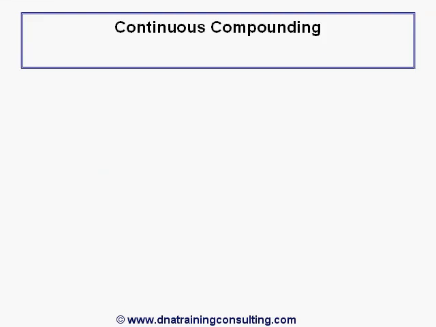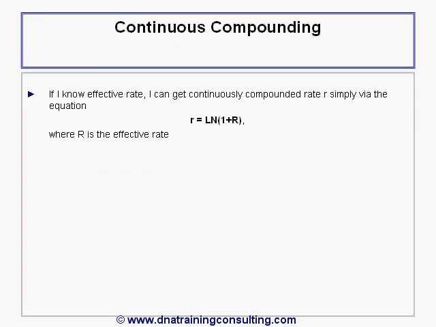If you have not completed those modules or do not remember what a continuously compounded interest rate means, it suffices to know that you can obtain it by simply taking the effective annualized interest rate and running it in Excel through the formula equals natural logarithm ln of 1 plus r, where r is the effective rate.